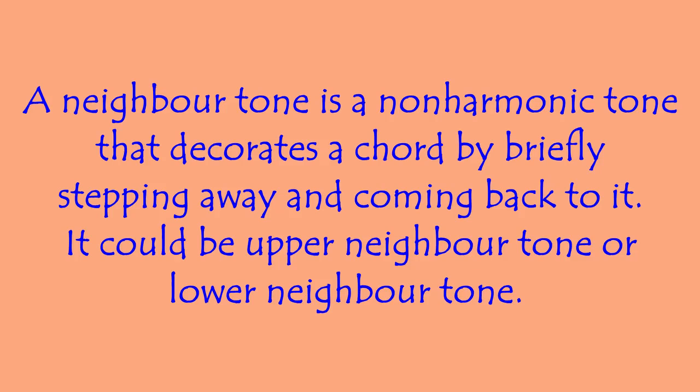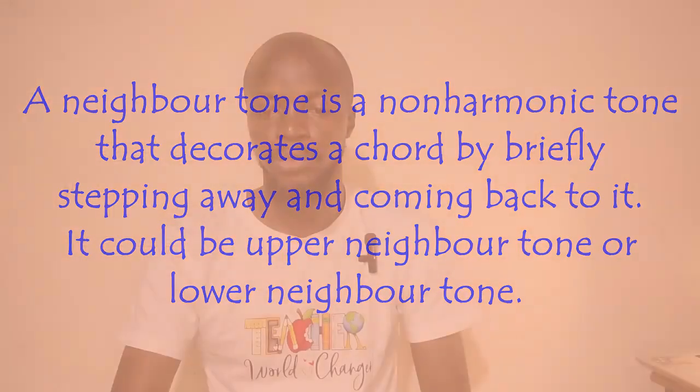All right, we can have an upper neighboring tone or a lower neighboring tone as the case may be. From this example, we have the lower neighboring tone. It moves a step away from the actual note and is quitted, also by step. So it moves away from the chord by step and is quitted by step.